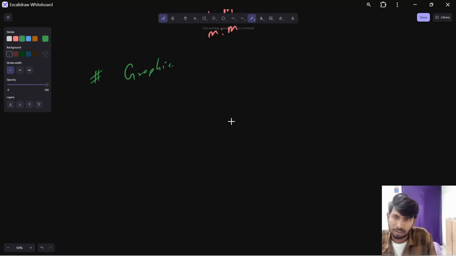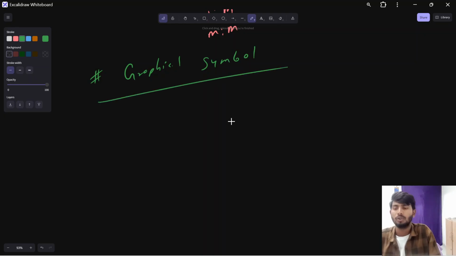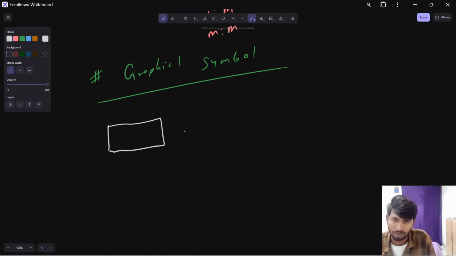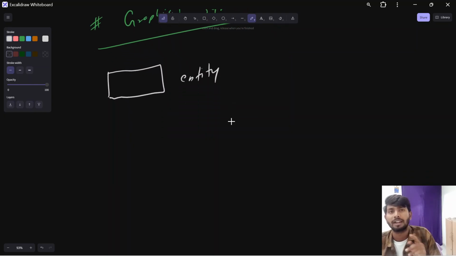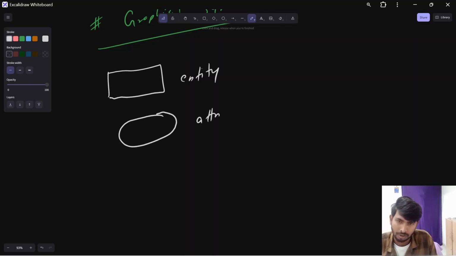Graphical symbols. Like if you have to describe the entity, this is the entity here. Second, what we need? Again, we need some attributes. These are the attributes. Next, we have to define the relationship.